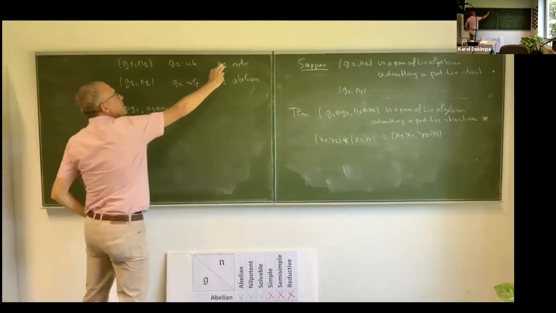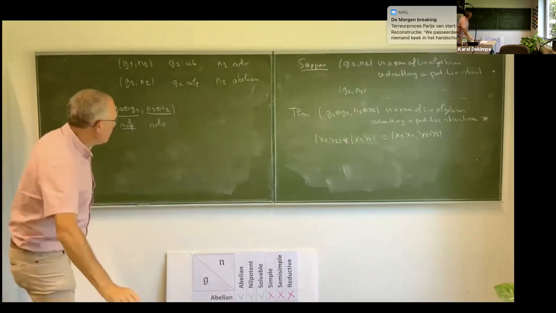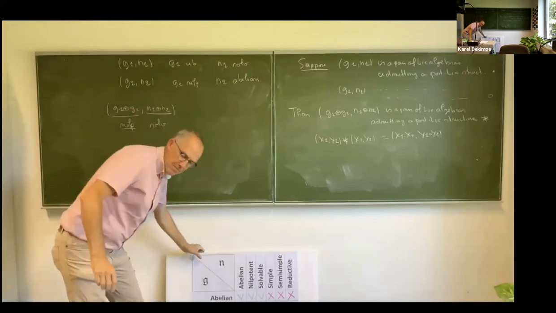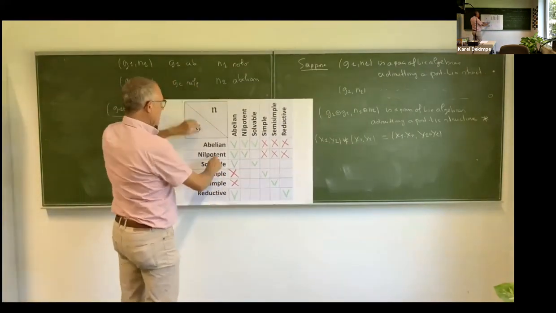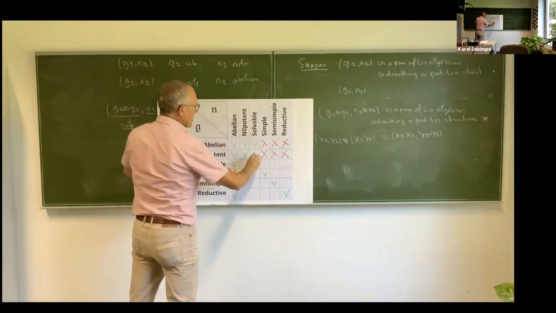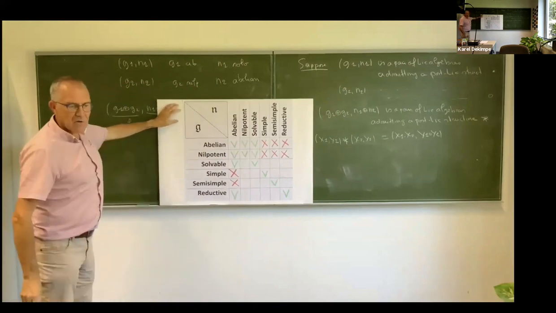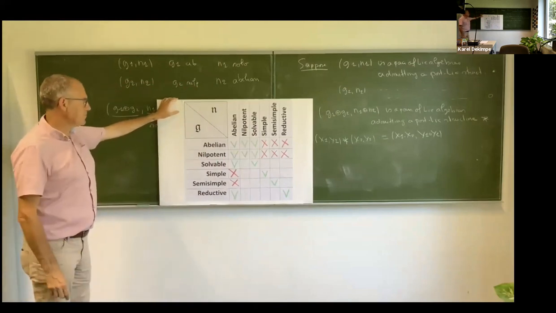And this one was not nilpotent. So this guy is solvable. So I do have an example of a G nilpotent and N solvable just by taking direct products of previous cases. So G nilpotent, N solvable. I can put a V over here, and so this example also exists.